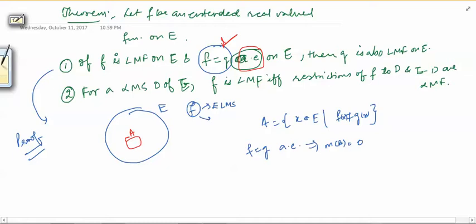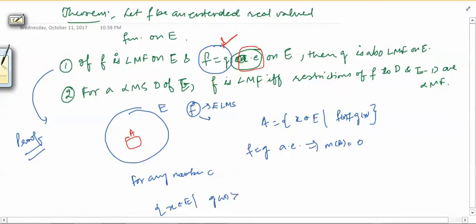Okay, and now look at, for any number C, this quantity: x belongs to E such that g of x is greater than C. Now see, on this part, E minus A, f and g are actually the same, and on the A part, f and g may not be the same.